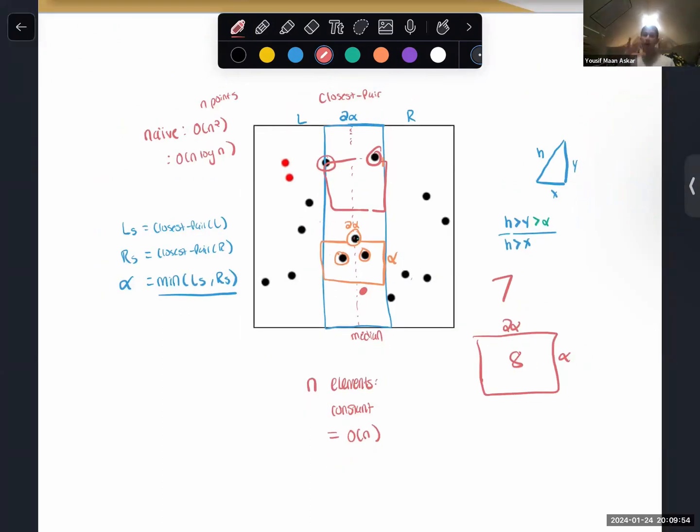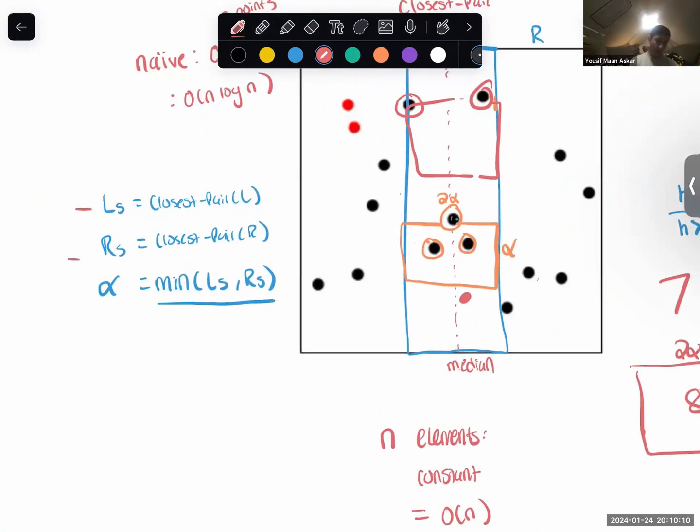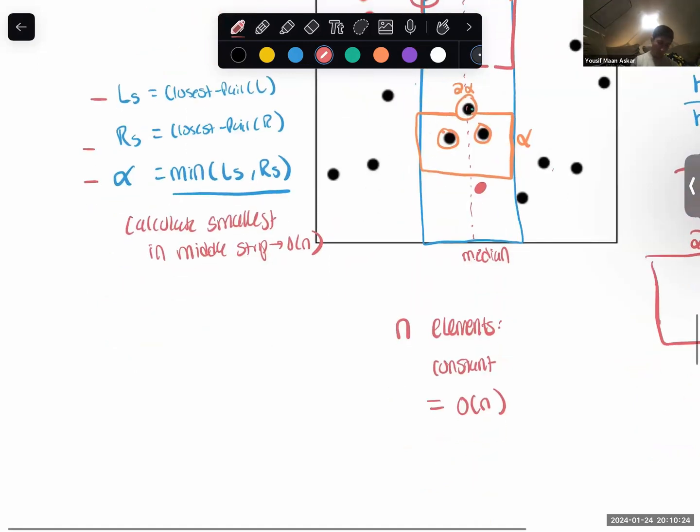Now, referring to our overall algorithm, remember we had the 2 recursive strategies of left and right. We have our conquer part of O of n. And then once we get all the distances, we get the smallest and return that. That's our algorithm. So we have left, we have right, get the minimum, calculate smallest in middle strip, which we already said to be O of n, return smallest.